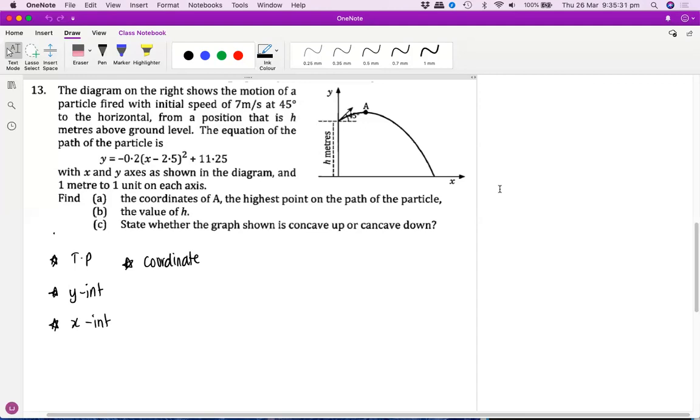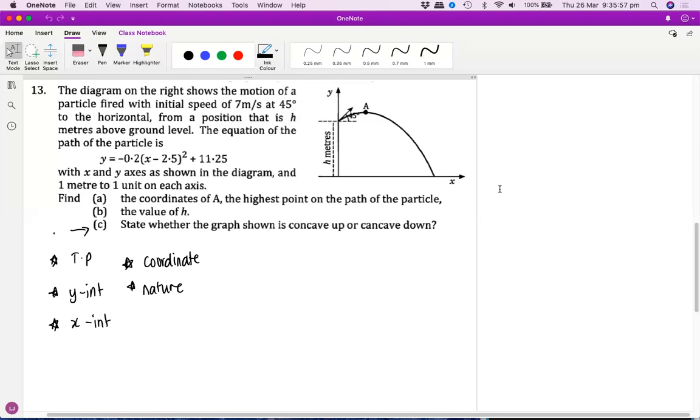Or sometimes it even asks you the nature of it, similar to this one where it asks us for the nature of the graph. So just note that it's always going to be one of those things for questions like this, and it's always going to be worded and kind of hidden in its language, so you've got to read it carefully and figure out what the question's asking. That's always a problem, so that's what this is helping you for.